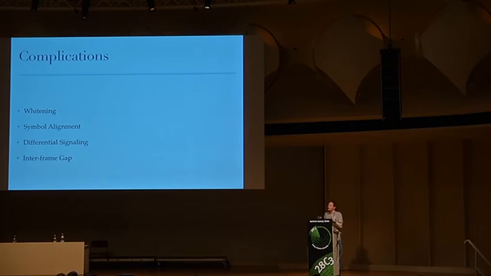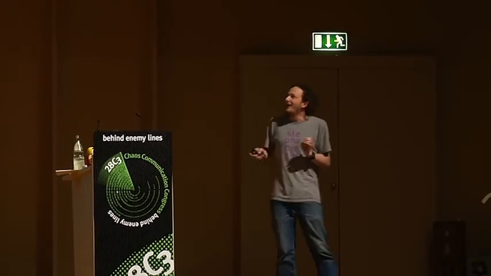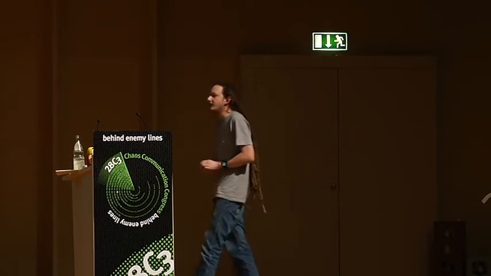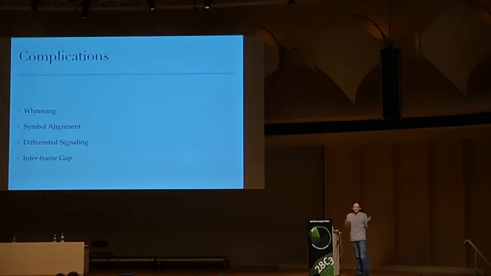So there are complications, though. In Zigbee, I had the advantage that Zigbee's layer 1 is quite simple. If anyone from ChipCon were in the audience, I'd have something thrown at me by now. But it's simple in that the packet only exists at one data rate. Every Zigbee packet is 256 kilobits per second, and no other rate. And every Zigbee packet is in the same set of symbols.